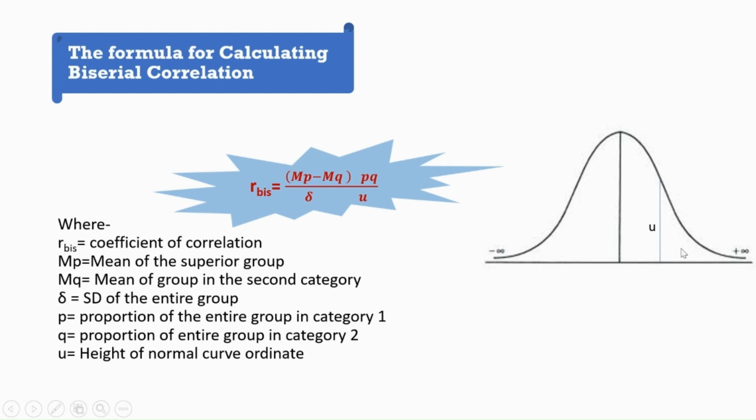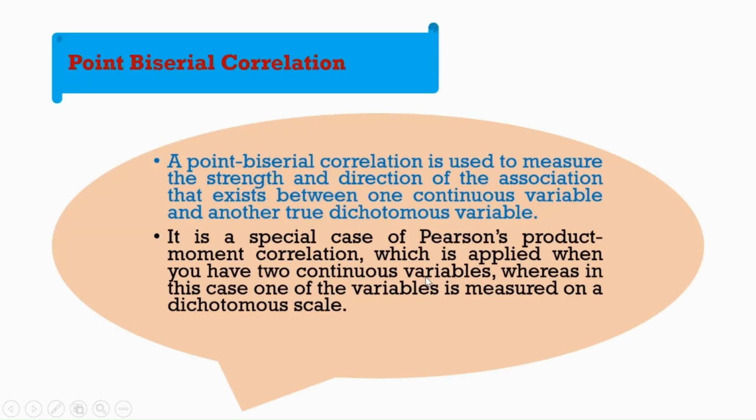At this point the normal probability curve is separated into two parts: the higher part, the superior part, is at the upper end of the normal probability curve, and the second part, which achieves less score, is in the left part or the inferior part.